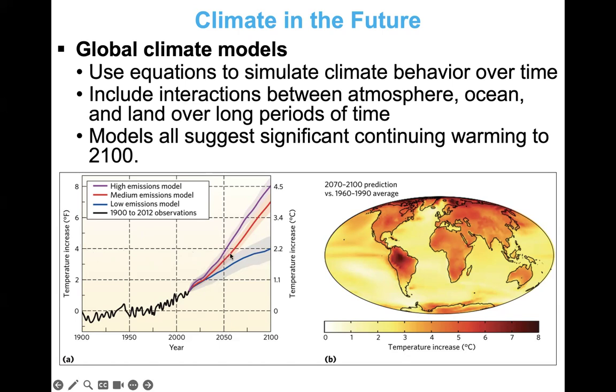But if you have a medium emission model, it predicts the temperature will reach probably around 4 degrees Celsius. But if you have a high emission model, we can get a temperature increase of 4.5 degrees Celsius by 2100.